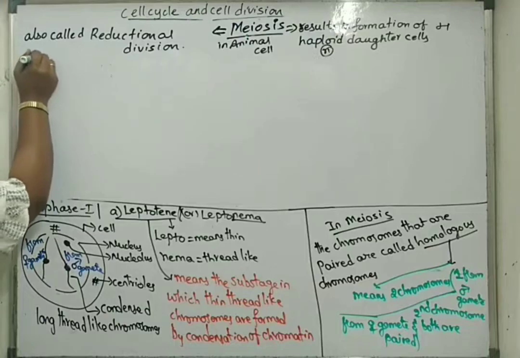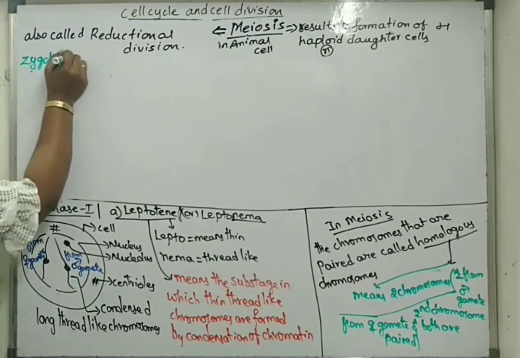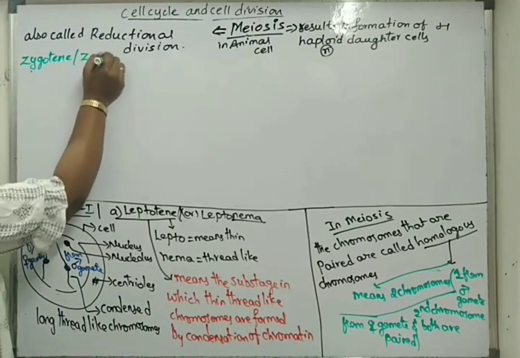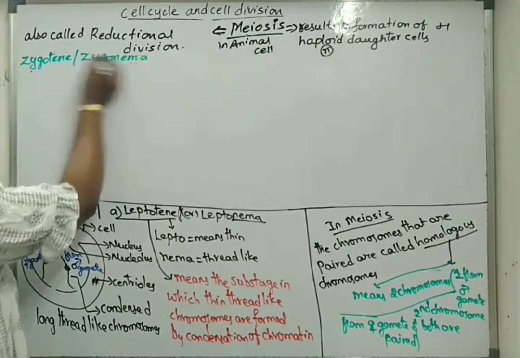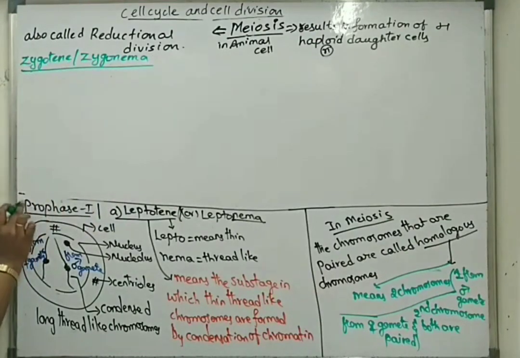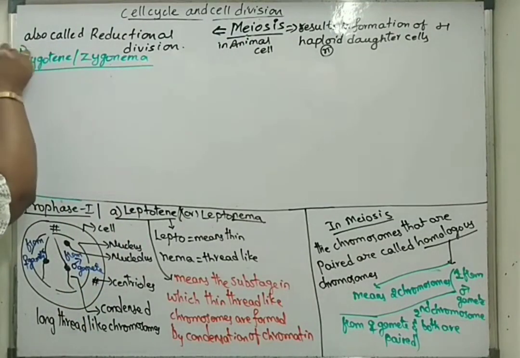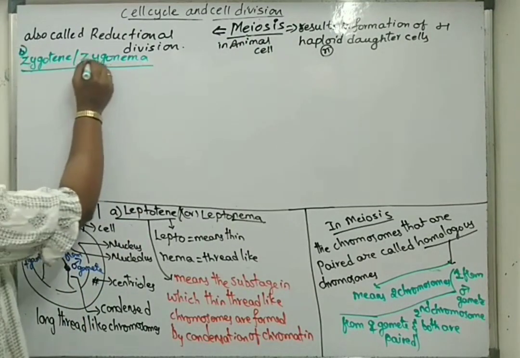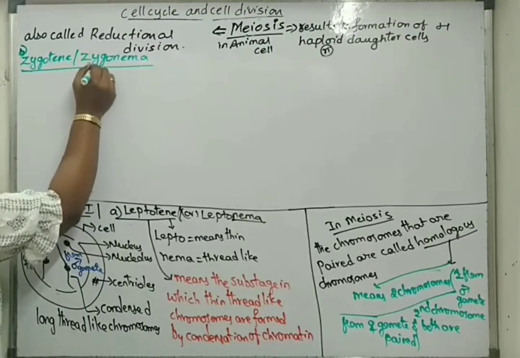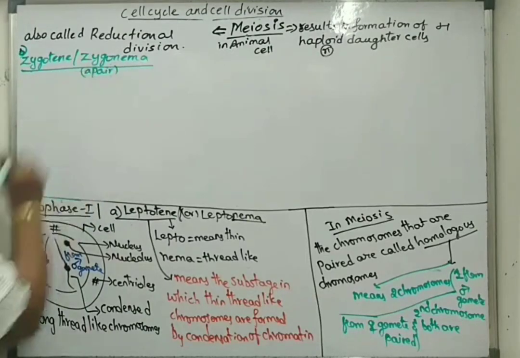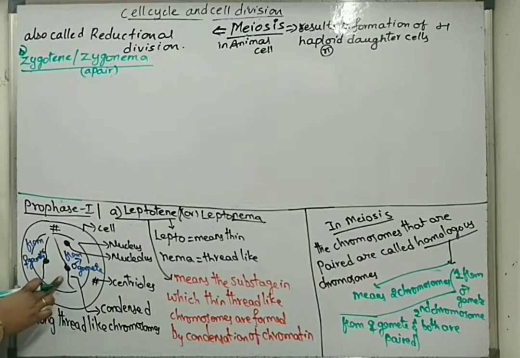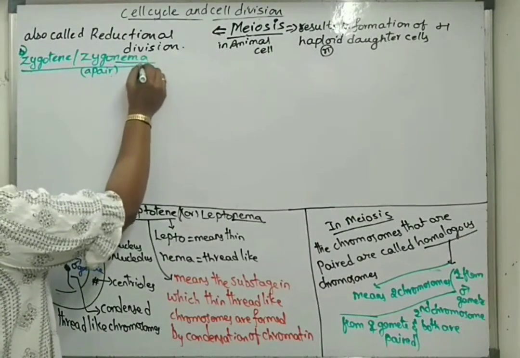Next one, zygotene, which is also called zygonema. After leptotene, the next stage is zygotene or zygonema. Here zygonema means a pair. A pair-like structure is formed from these thread-like chromosomes. Here nema means thread-like.